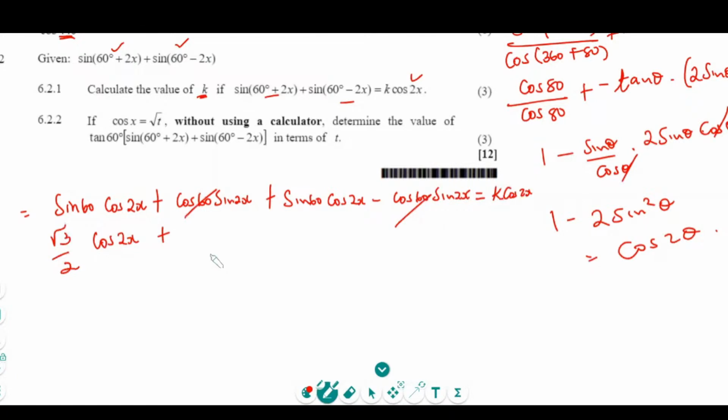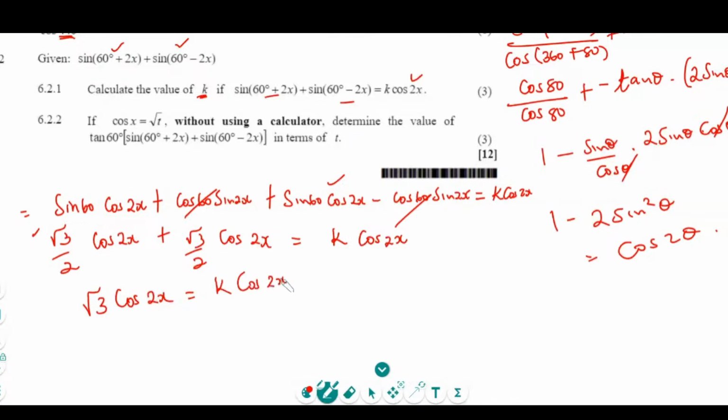Then I'm having root 3 over 2 cos 2x equal to k cos 2x. So I have one root 3 over 2 plus another root 3 over 2. What do I get? I get just one root 3. So that is root 3 cos 2x equal to k cos 2x. You can divide both sides by cos 2x, which means k is root 3.